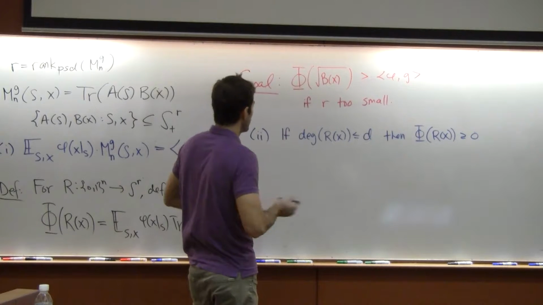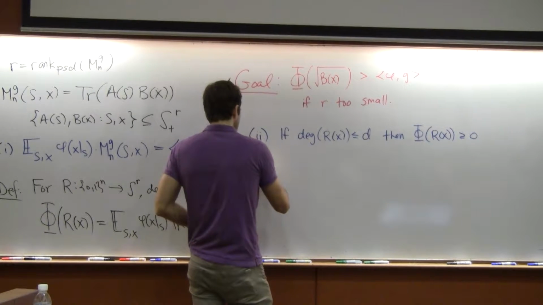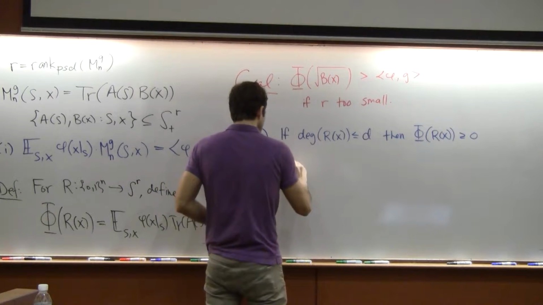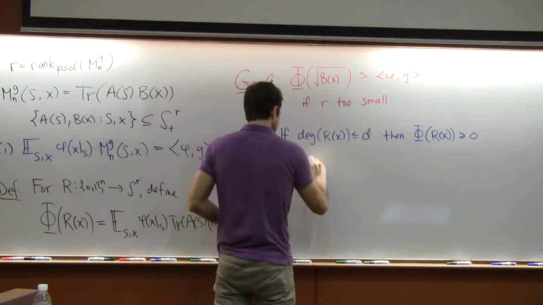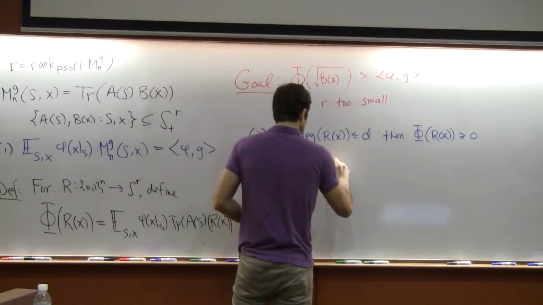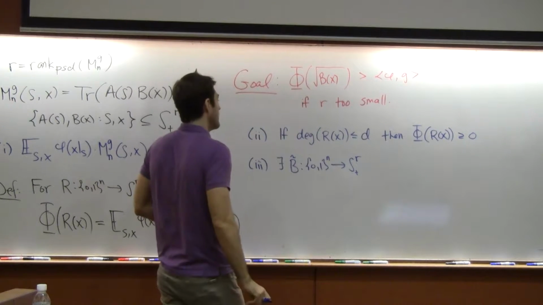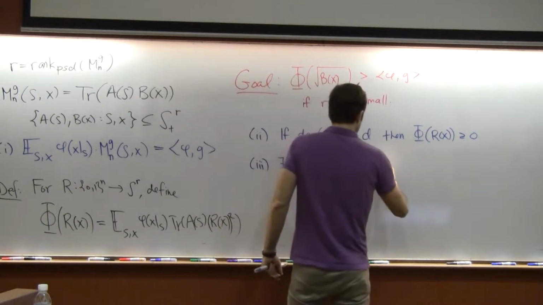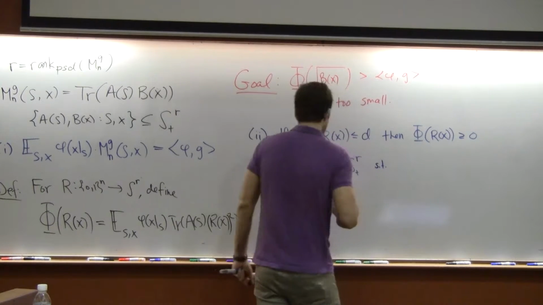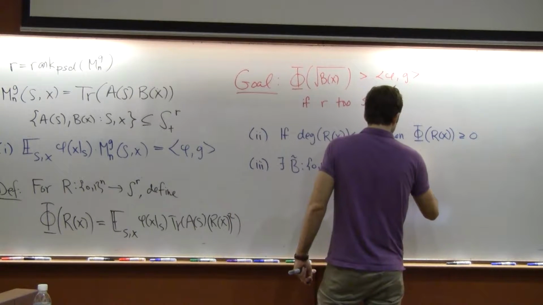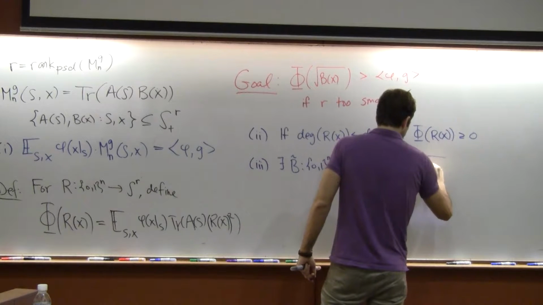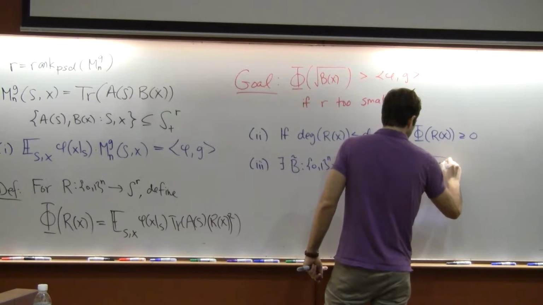So, okay. And then what we did yesterday, so of course our problem is that square root of b is not necessarily low degree, but what we did yesterday is we said there exists an approximator such that two things hold. First of all, the degree of the square root of the approximator is not too big.